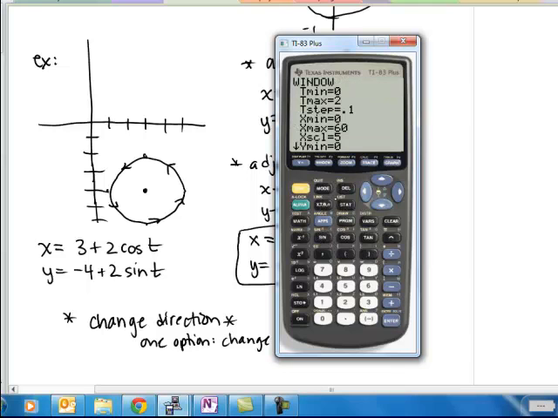Let's change our window here. I want to do 0 to 2 pi for t's. We can leave t step at 0.1 for now. X-min, let's do 0 to 7 maybe. Yeah, that should be fine.